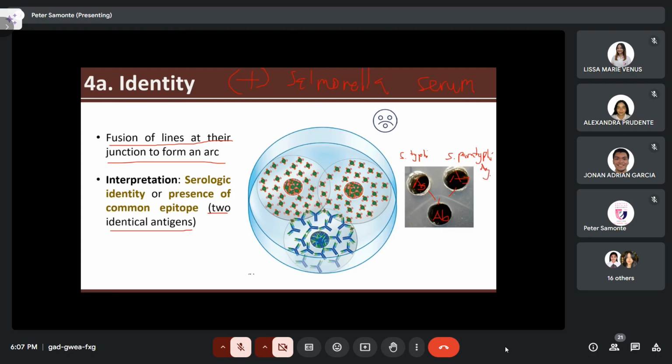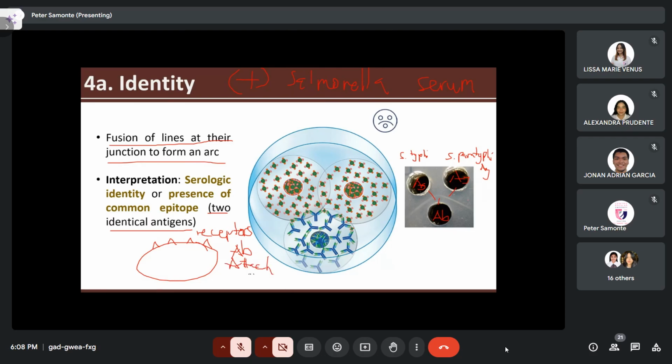Both of them, class, are somewhat similar in their epitope. Familiar kayo sa epitope, di ba? Epitope, class, ito yung antigen nyo. On the surface of the antigens, you would find these receptors. These receptors, class, are known as your epitopes, wherein the antibody would attach.